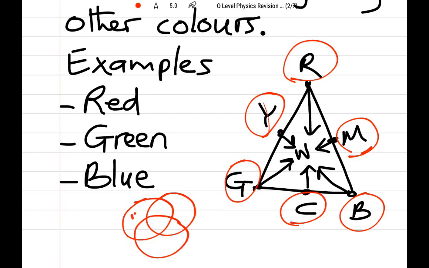You say rich, young, girls, curry, beauty, makeup. Then the ones in the only section, or in the corners for this case here, are the primary colors. So examples of primary colors include the red, the green, and the blue.